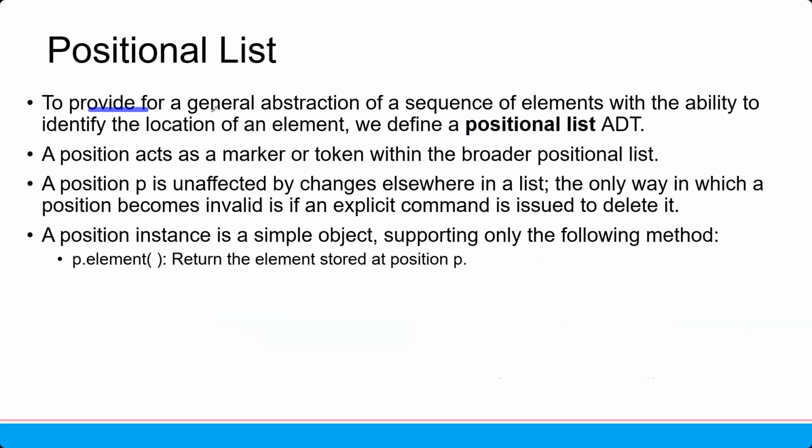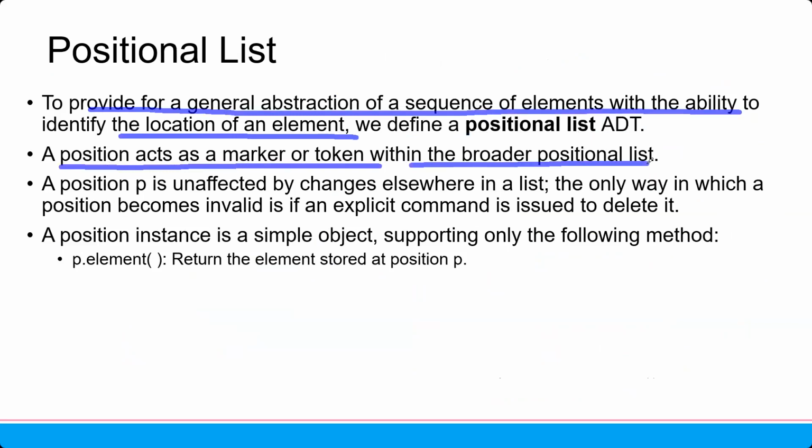To provide a general abstraction of a sequence of elements with the ability to identify the location of the element, we use the positional list. A position acts as a marker or token within the broader positional list. And a position is unaffected by changes elsewhere in a list.